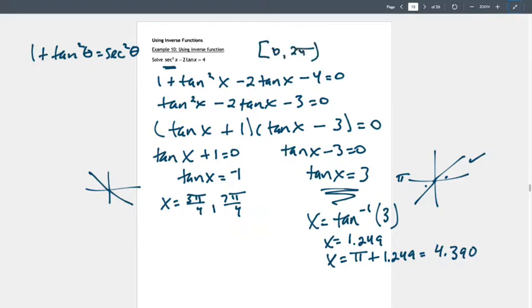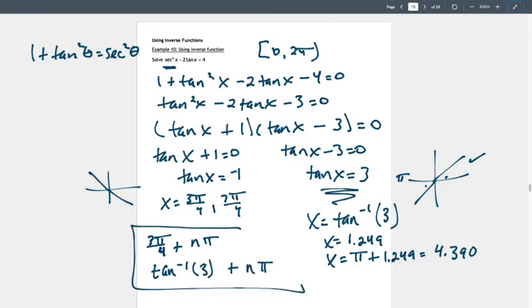So in this case, it would be your 3 pi over 4 plus n pi, because that's our period for tangent. And that would take care of the other one as well, the 7 pi over 4. And then the other one, honestly, because you won't be able to use a calculator in this next test, I would say tan inverse of 3, and then you could say plus n pi if you wanted to. And that would take care of the general solution for you.